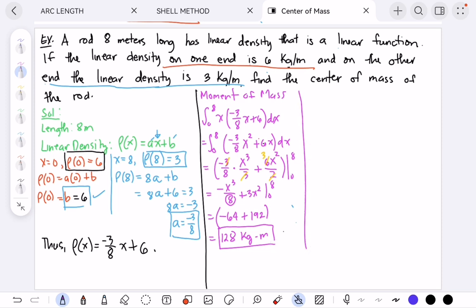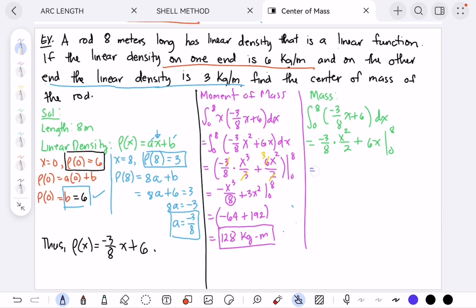Now let us look at the mass of the rod. The mass of the rod is the integral from 0 to 8 of the linear density, which is negative 3/8 x plus 6 dx. Antiderivative, we have negative 3/8 times x squared over 2 plus 6x, evaluate from 0 to 8. Let's see if there is something we can do here to simplify. I think there is none, so let me proceed.